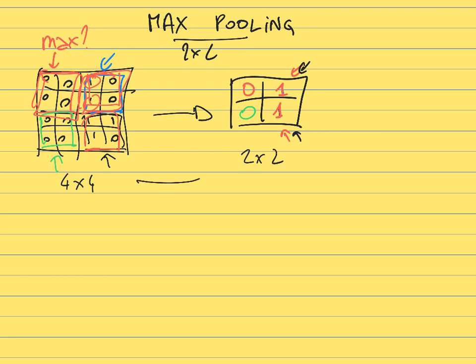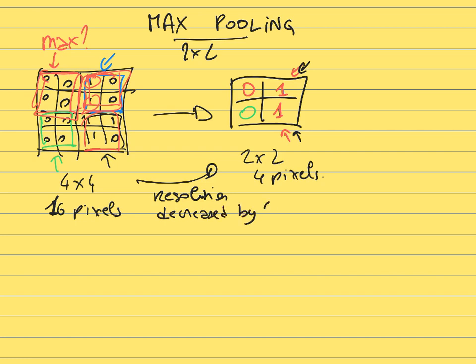So you have decreased the resolution quite significantly, because instead of being made of 16 pixels, you now have only 4 pixels. So the resolution has been decreased by a factor of 4.